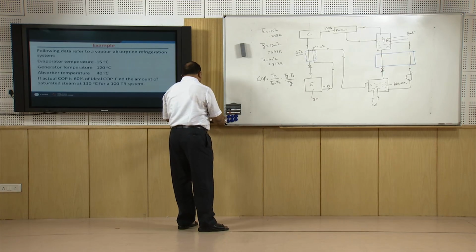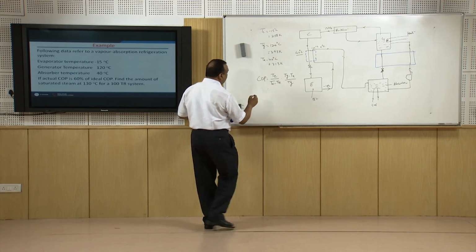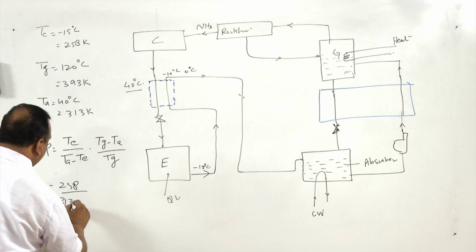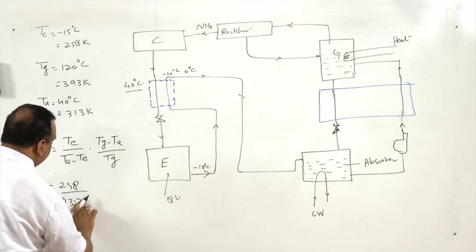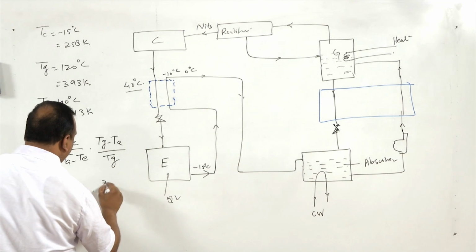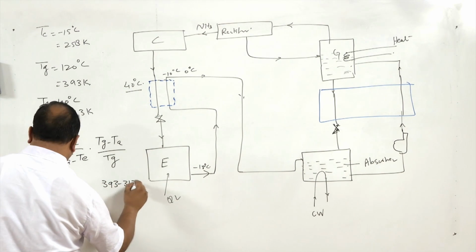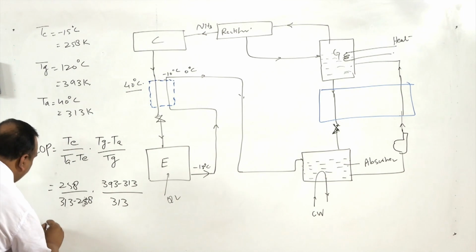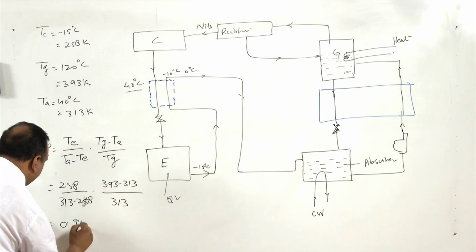If I put the respective values, it is going to be equal to 258 divided by 313 minus 258, multiplied by 393 minus 313 divided by 313, and the COP I am going to get is 0.9545.